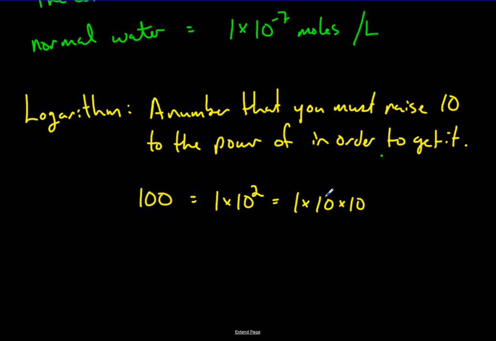Squaring 10 is just multiplying by itself twice. Now, if I were to say log of 100, the answer would be 2, because I have to raise 10 to the power of 2 to get 100. So the log of 100 is 2. Make sense? Let's try another one.